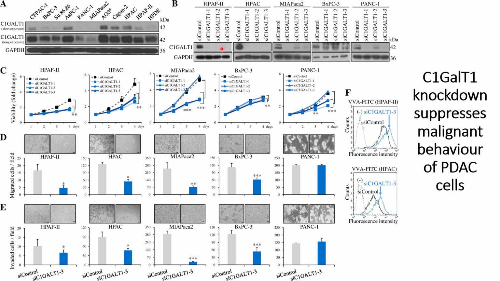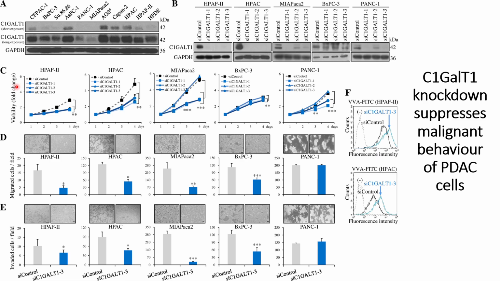So once identifying that their silencing RNA against C1GalT1 is working, they then checked 3 different properties: viability, migration and invasion of the pancreatic cancer cells.